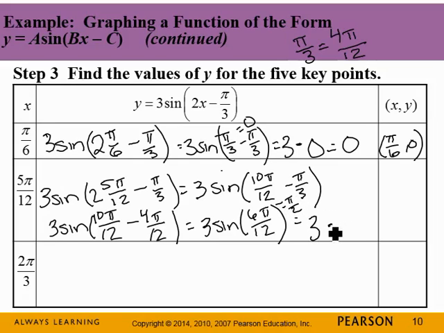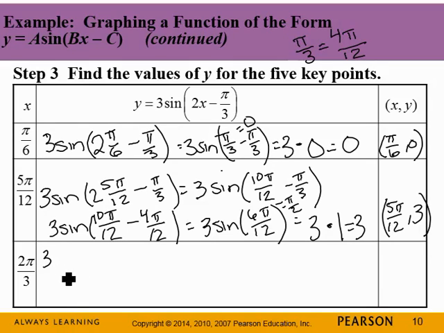So you have 3 times whatever sine at pi over 2 is, and sine at pi over 2 is just 1. So your answer here is 3. You just keep going down.